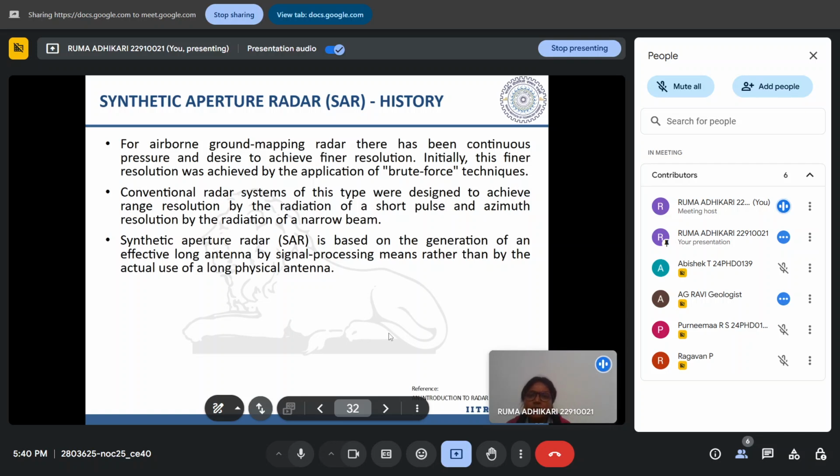Some history for SAR. We are entering into SAR to understand what SAR is. Conventional radar systems were designed to achieve range resolution by the radiation of a short pulse and azimuth resolution by the radiation of a narrow beam. So we want two measurements: azimuth resolution, that is along track or parallel to the track, and range resolution, that is across track resolution.